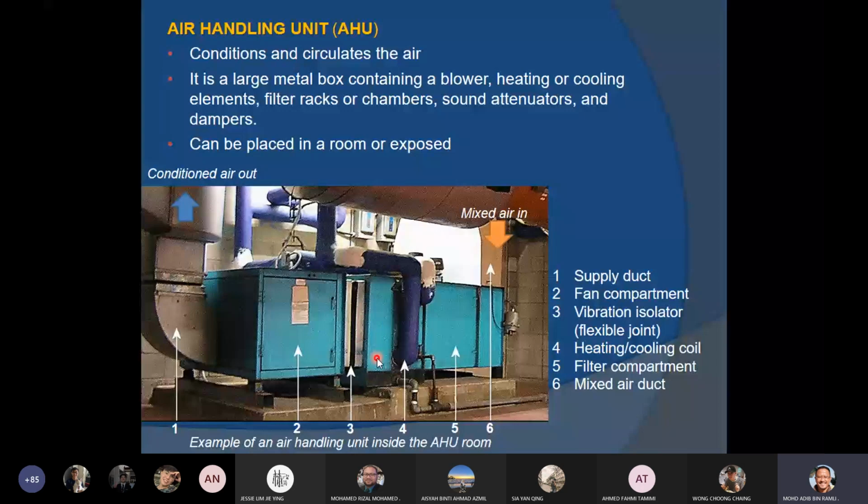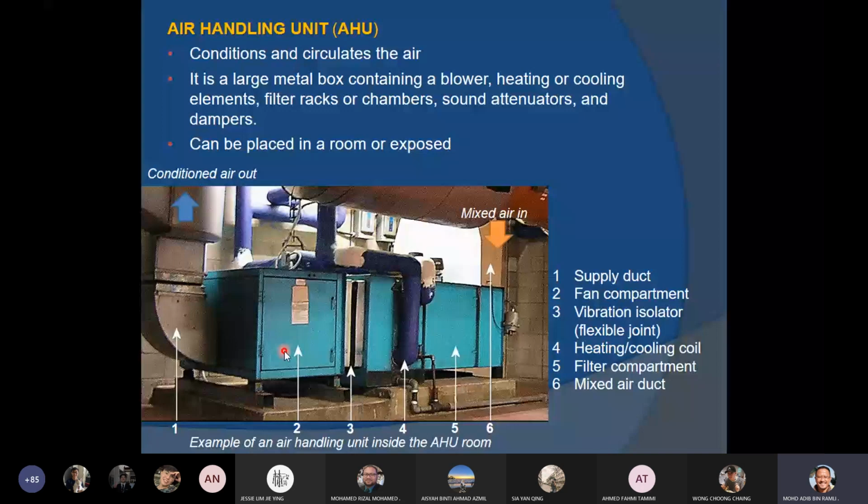You can feel the vibration, right? I think you have probably been in some buildings, especially old buildings, where you can somehow feel the floor vibrating. It's probably coming from the AHU fan.